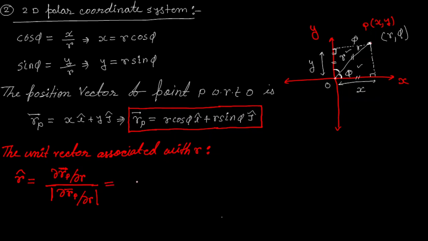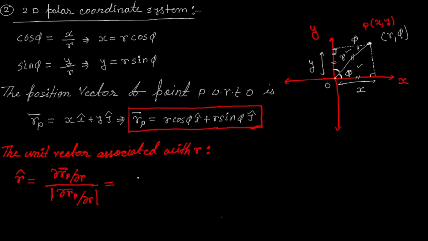So first we differentiate the position vector rp with respect to r, keeping phi fixed.